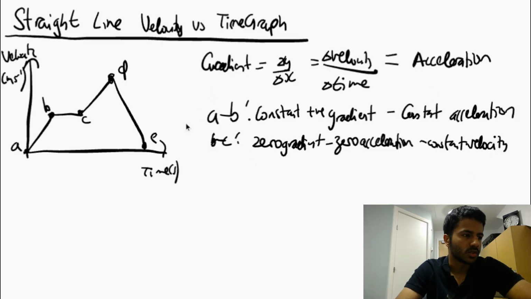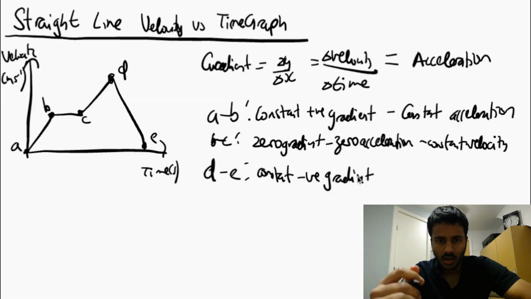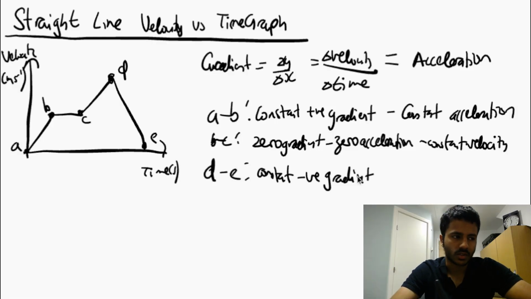C to D you have constant acceleration again because of the constant positive gradient, and from points D to E you have a constant negative gradient, and that means that you have constant deceleration, slowing down.